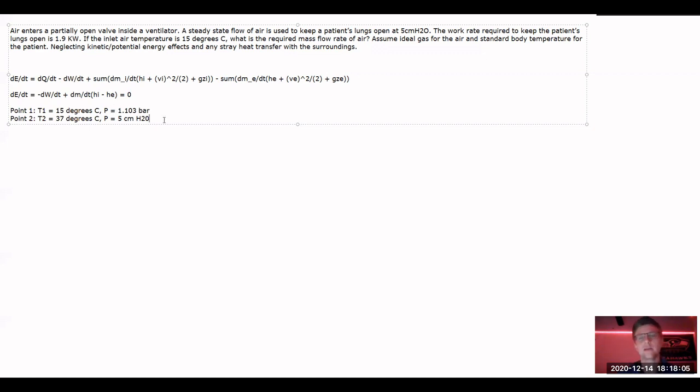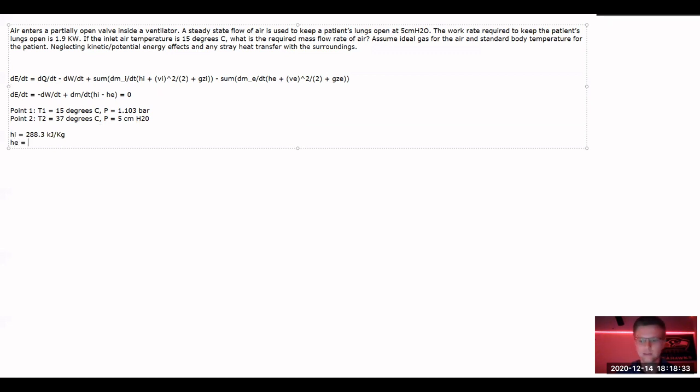Since we're dealing with air here and we are assuming that it is behaving as an ideal gas, we're going to take a look at table A-22 and interpolate for our values for enthalpy. So we can find that h at the inlet is equal to 288.3 kilojoules per kilogram, sparing you the boring details of interpolation.